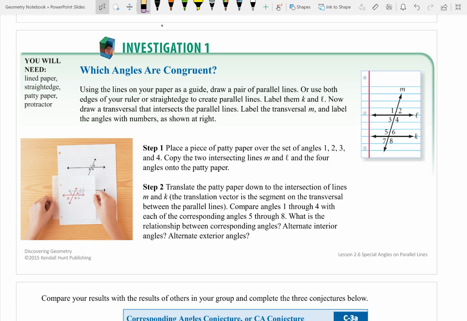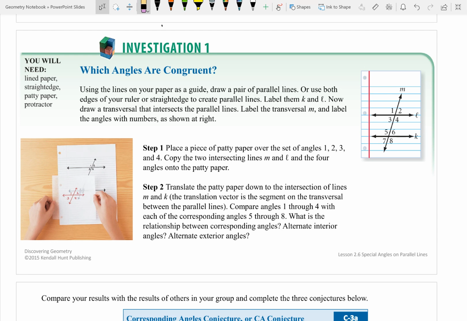You're going to do this in groups, and you need lined paper, straight edge, patty paper, and protractor. And you're going to draw the diagram you see on the right. You're going to label the parallel lines K and L and draw a transversal that intersects the parallel lines, label the transversal M, and label the angles with numbers as shown at the right.